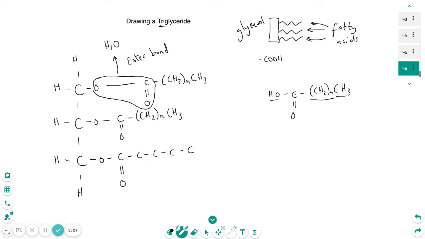It's just loads of carbons, and those carbons are going to be surrounded by hydrogens. And that tail can be a different length. I could make it 3 carbons long, I could make it 4, I could make it 5, I could make it 6. And that's what this n represents. It's representing that CH2. Notice this C has only got 2 hydrogens attached to it, so is this one.